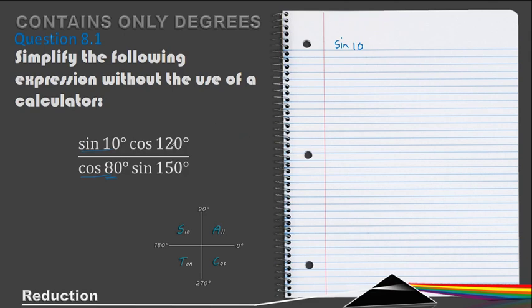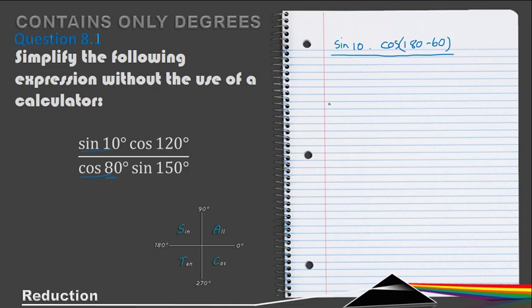Now cos 120, we have, if we start from 180 plus what or minus what, we need to, because 120 lies between 90 and 180. So 180 minus 60 gives me 120. So I can break that up into 180 minus 60, because 60 is a special angle.